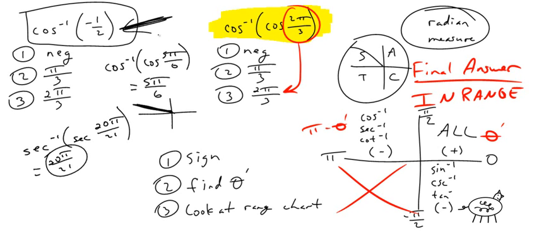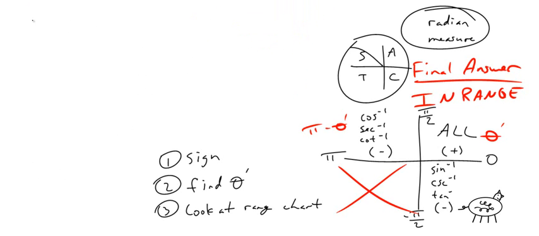All right, let's do a few more problems here. I'm going to erase all this stuff again. Okay, so let's do tangent. Inverse tangent of negative root 3.